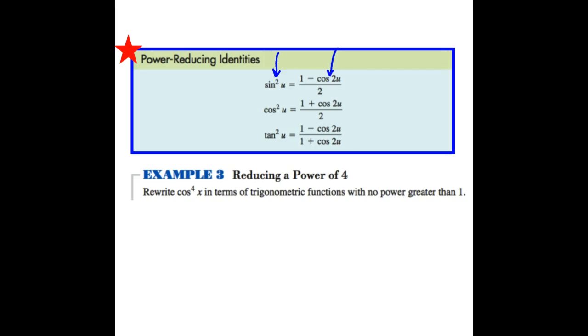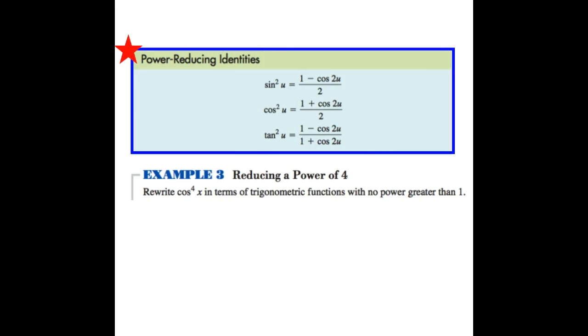That's why they're called power reducing. It takes something that has a higher power and breaks it down. Again, we've got sine squared over cosine squared. If we took and divided these two rules right here, it would simplify down to this one. Okay, tangent's just sine over cosine. So that's where that's coming from.